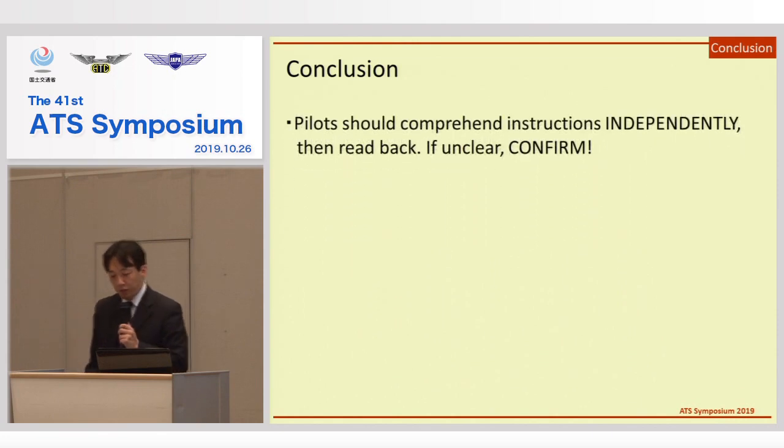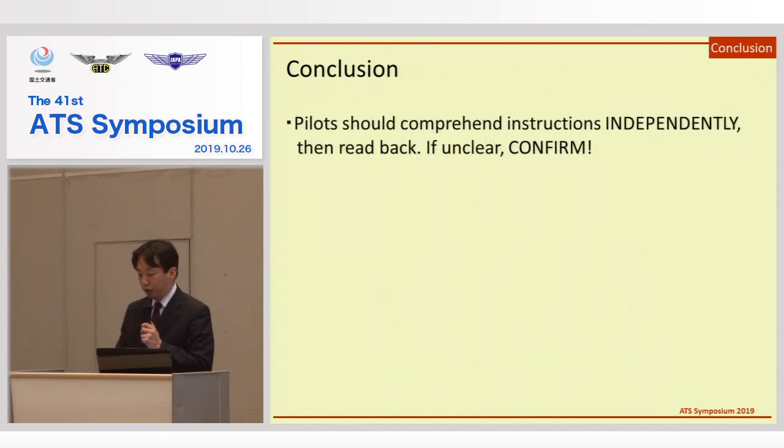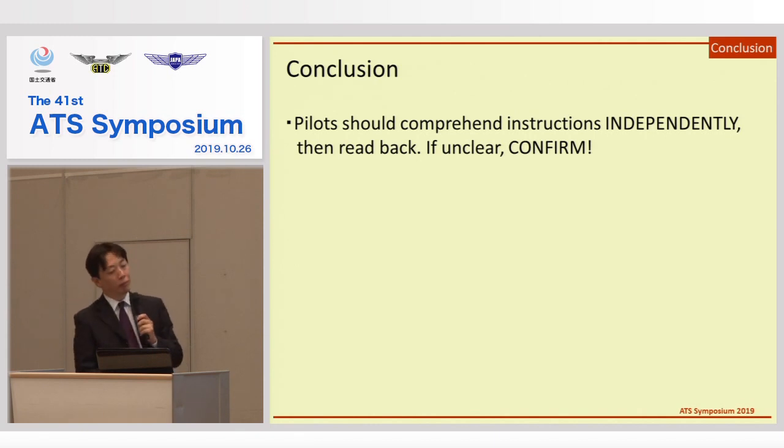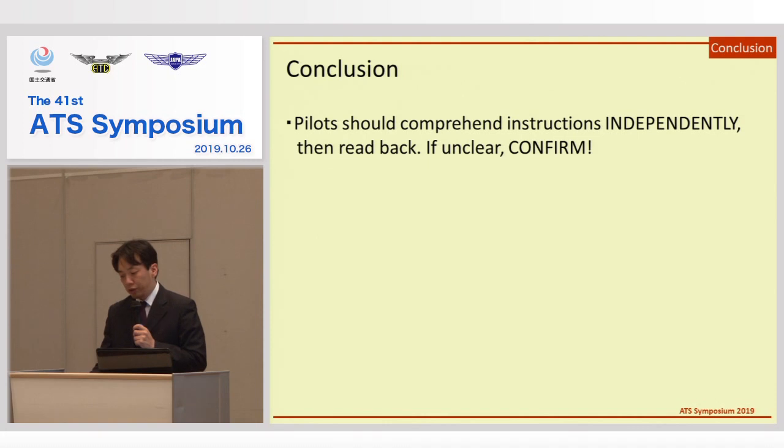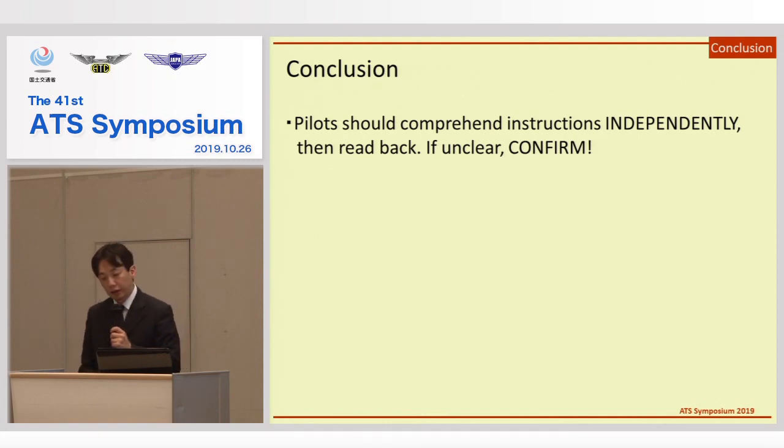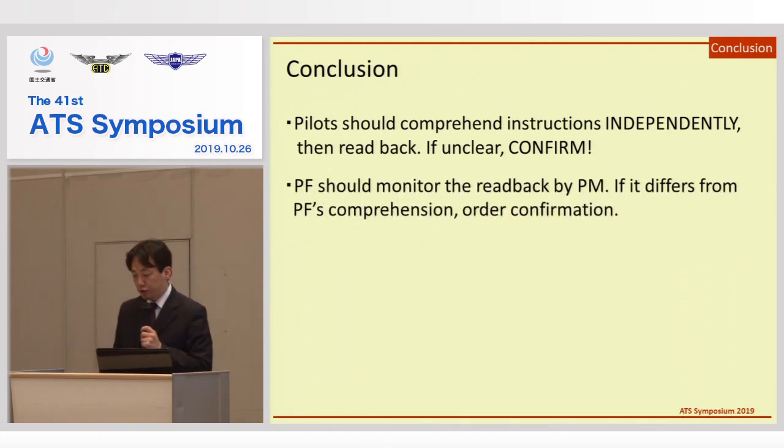The pilot flying and pilot monitoring should comprehend instructions independently. If one of the 2 pilots thinks the instruction is unclear, confirm. Pilot flying should monitor the readback by pilot monitoring.